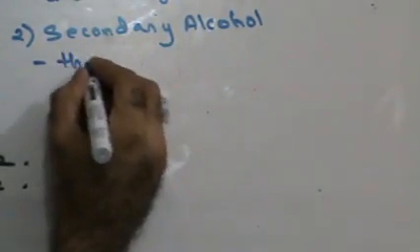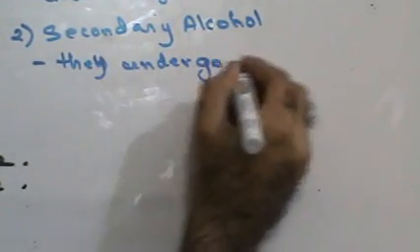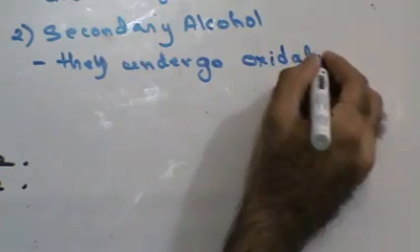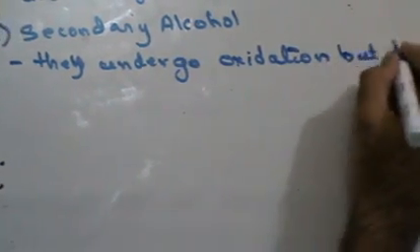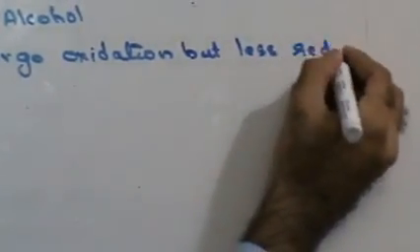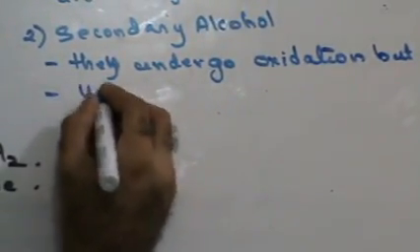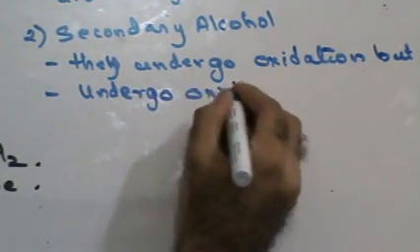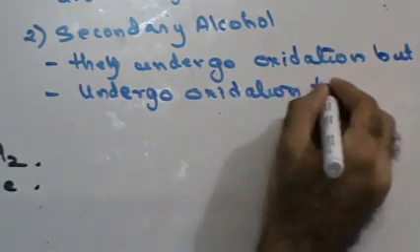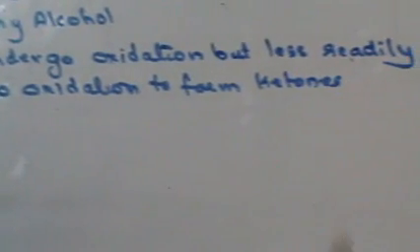they get converted into carboxylic acid having one less carbon atom. So they undergo oxidation, right, but less readily. Second, they undergo oxidation to form ketones, right?